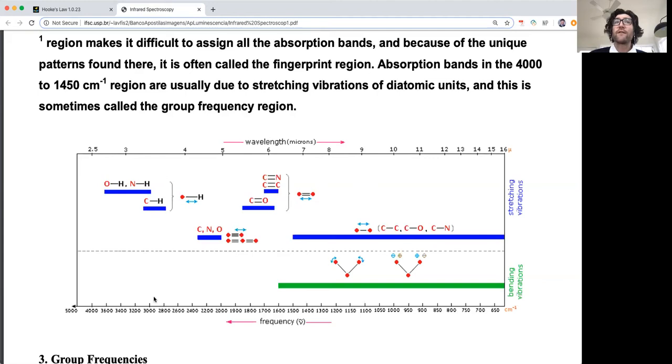And from 1500 to 4000, we call this the characteristic or diagnostic region, where it's much easier to find the functional groups, because in organic chemistry, we're typically talking about hydrogen-containing functional groups like these, or unsaturated functional groups, that is, molecules that have double or triple bonds, specifically C=O bonds. Okay, so as I alluded to, we're going to go back to the sheet of paper.